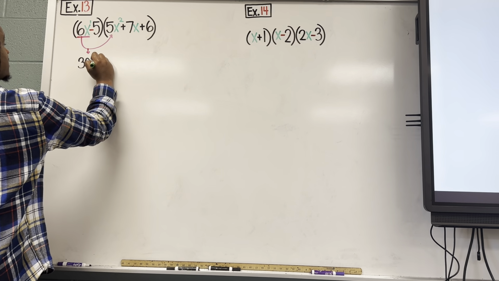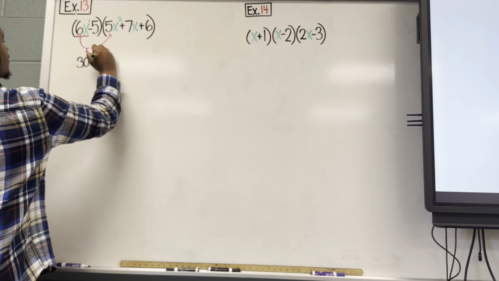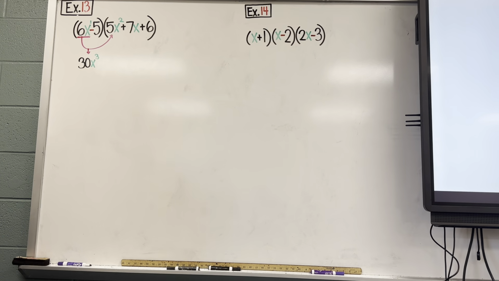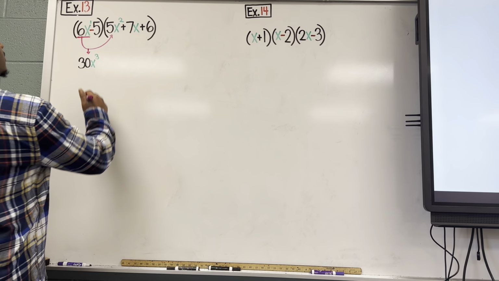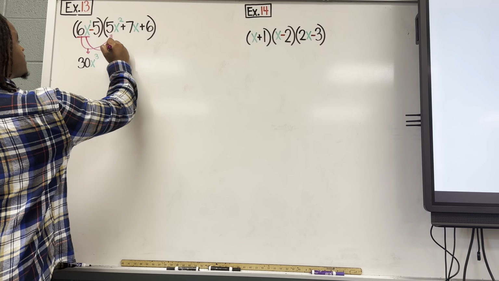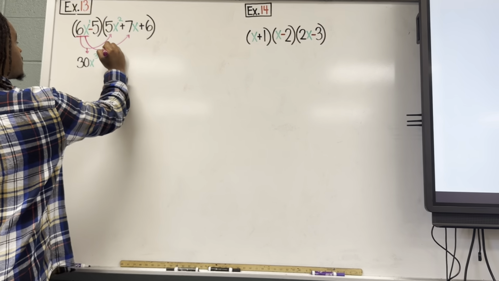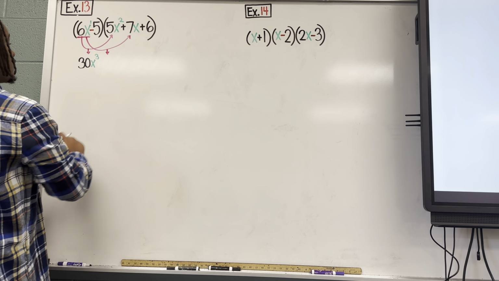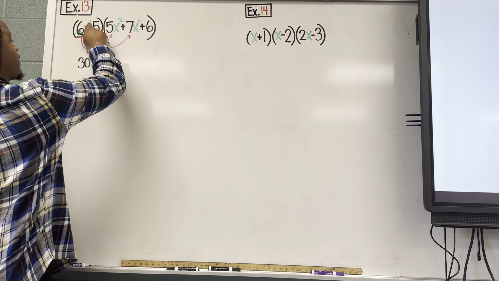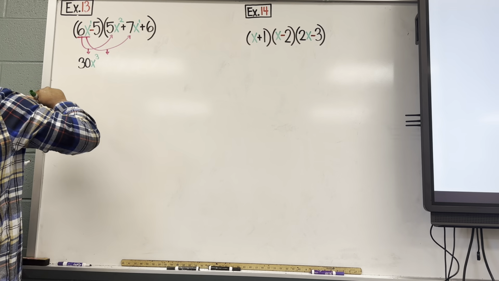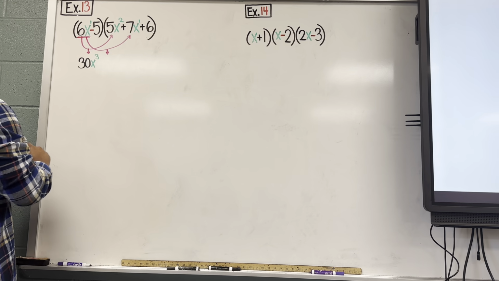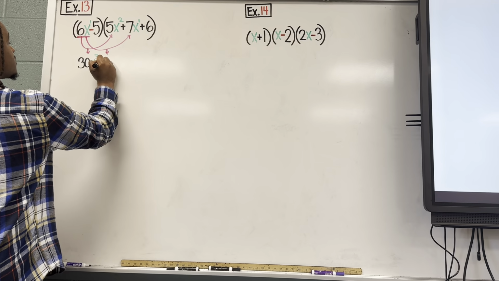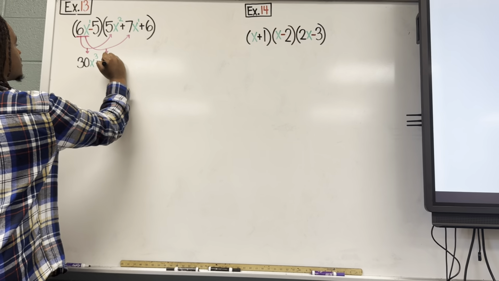So that's 30x to the third power. Now I'm going to do 6x to the first power times 7x to the first power. 6 times 7 is 42, and since this is also x to the first power, I add the exponents, 1 plus 1 is 2. So that's going to equal plus 42x to the second power.